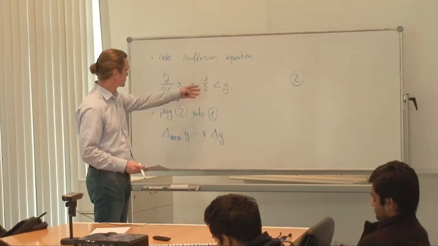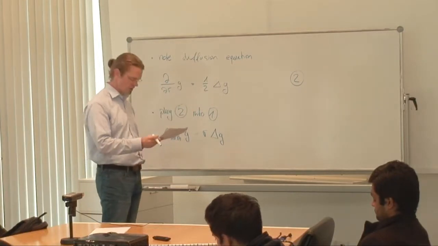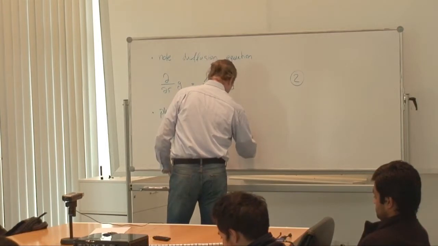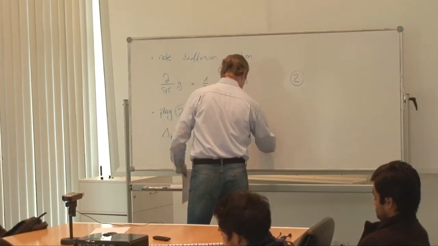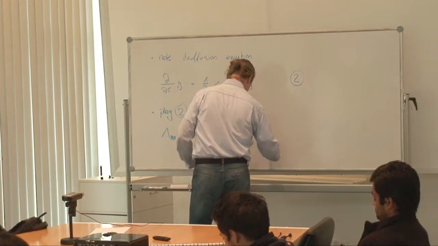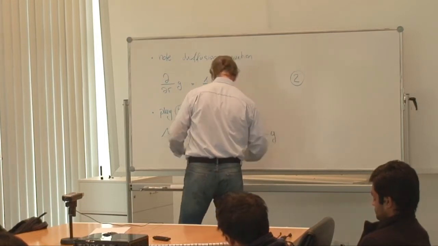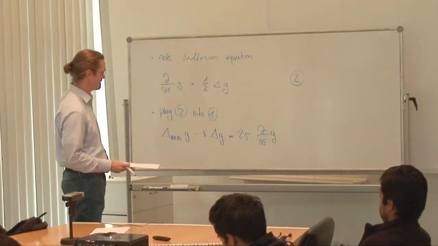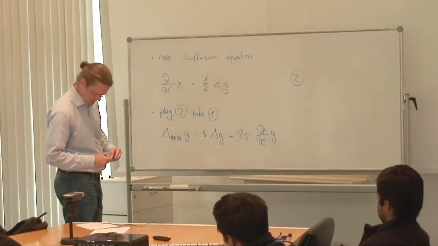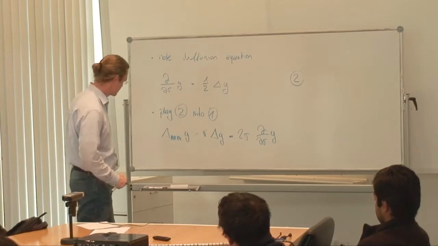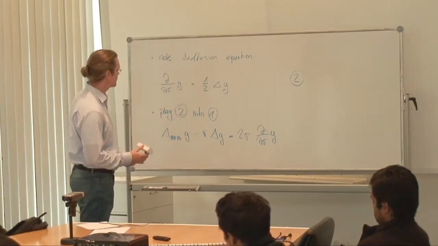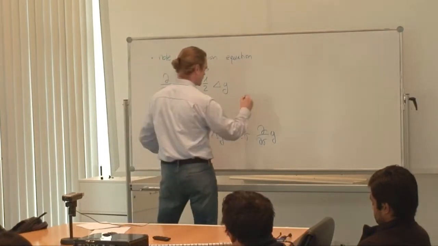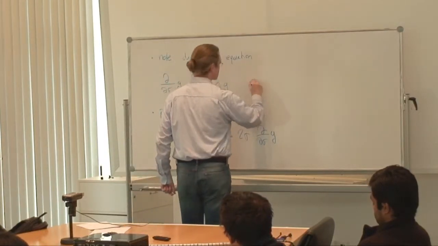And now we'll just solve this equation for delta G, and we get 2 times sigma times the derivative with respect to sigma of G. Okay, and because it is nice to have it all in front of us, I will make use of the remaining white space here.